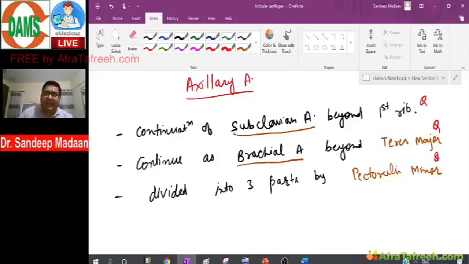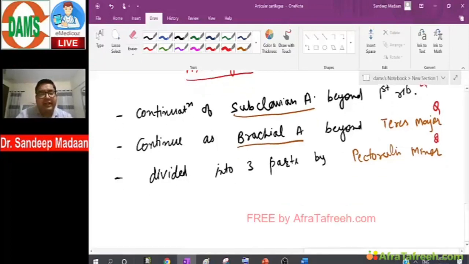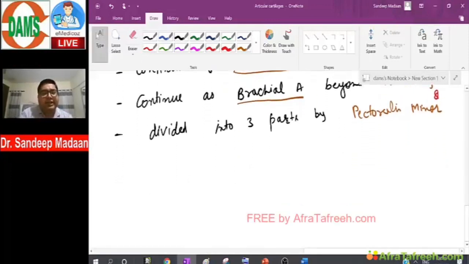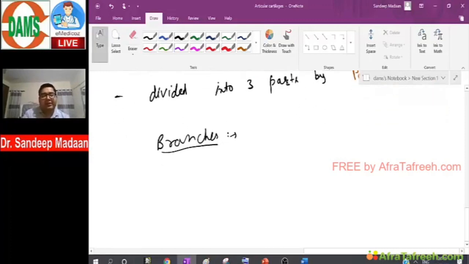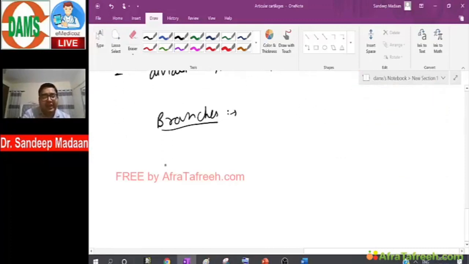Now, after understanding these three parts of the axillary artery, let us talk about the branches of the axillary artery. Branches can be remembered this way. What are the parts of the axillary artery?